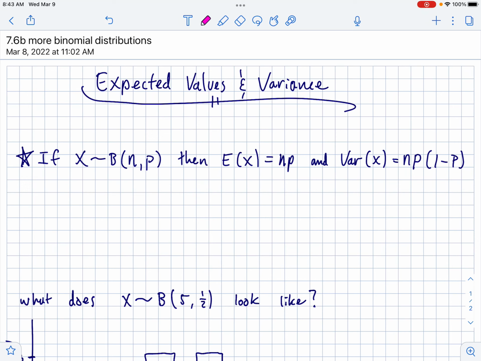Today we're going to talk about a couple different topics, mostly just expected values and variance. We're still looking at them through the lens of binomial distributions. So just a reminder, this is a binomial distribution. The way we've been finding certain parts of those binomial distributions is using binom PDF and binom CDF.